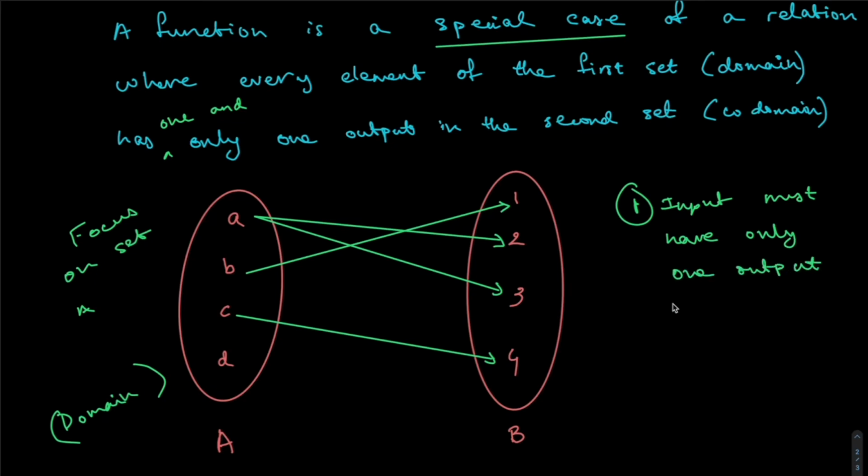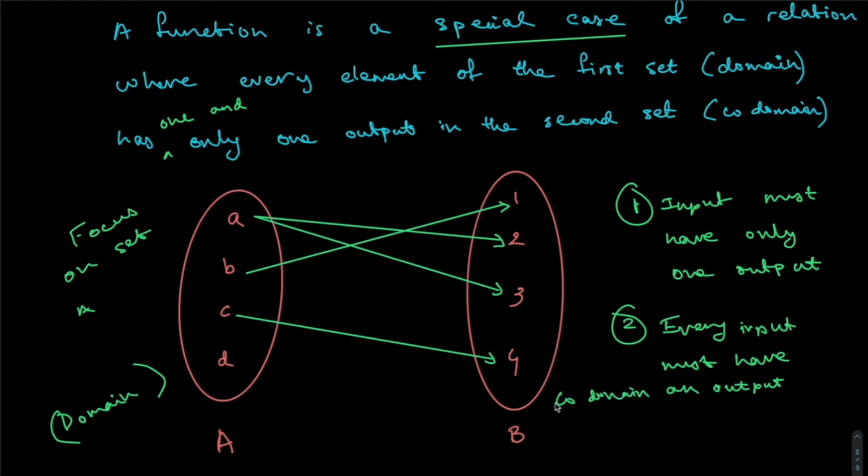You can always use that. And the second one is that every input must have an output, or in this case, every element of the domain must have a final value which it corresponds to. This is the codomain. The set B is the codomain.